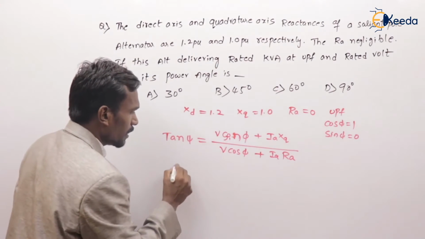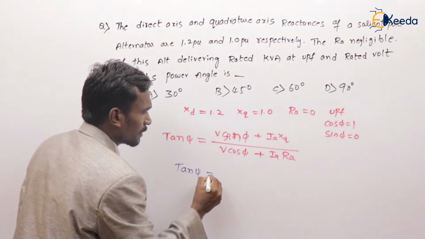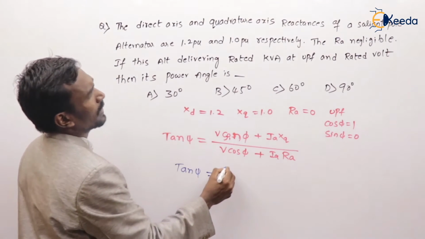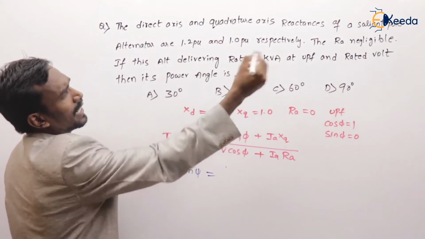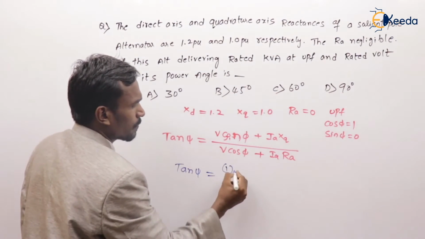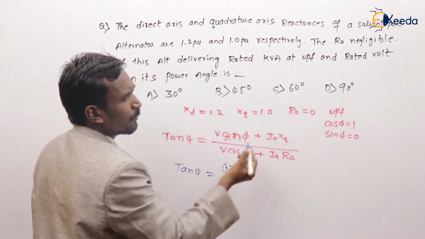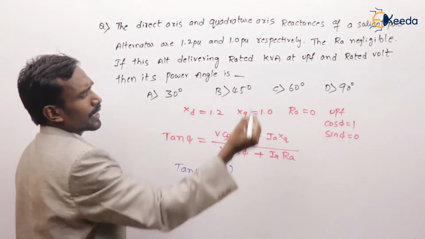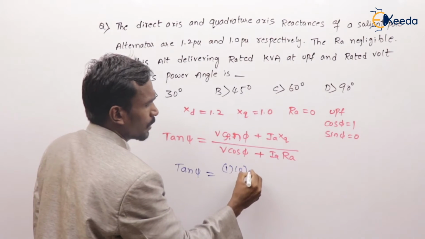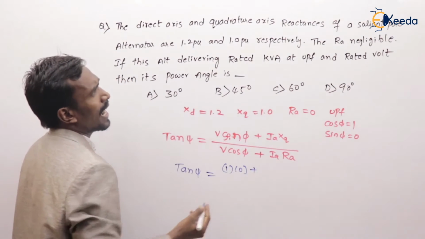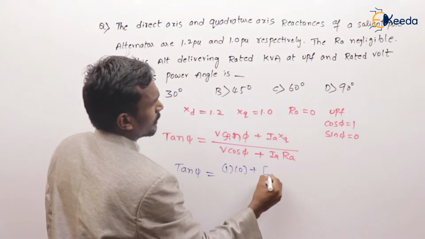Now substitute here. Tan psi equals V. What is V? Rated voltage, so 1. What is sin phi? At unity power factor, sin phi is 0, plus IA. What is IA?